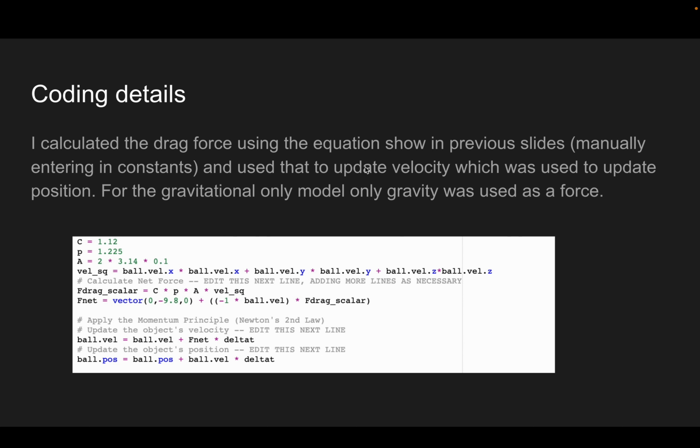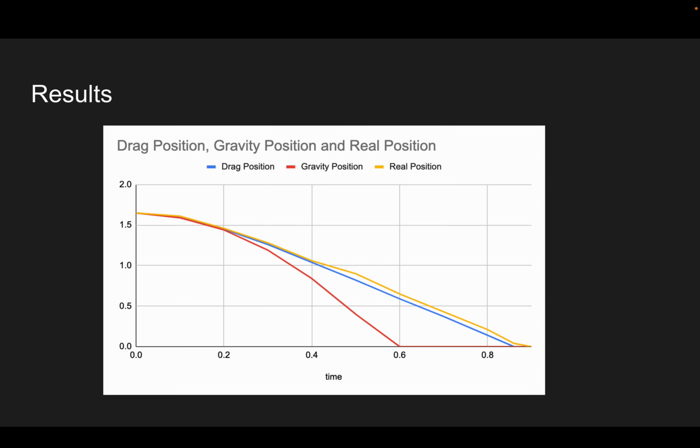I manually entered in the constants, and I used force gravity and the force drag to calculate net force, which I used to update velocity, which I used to update position. Every time step, I would update all of these in the loop, and they would all update each other. Force updated velocity, velocity updated position, and so on.